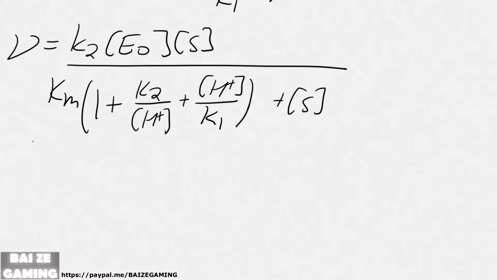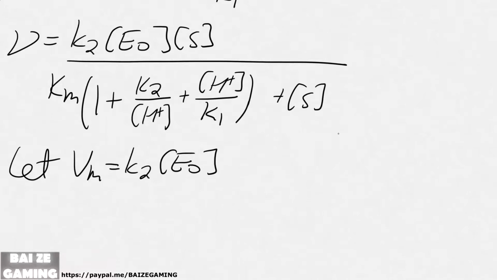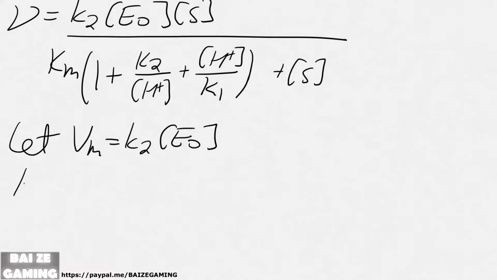And then we can get the Michaelis-Menten formula, Vm equals k2 E naught. That's the same as no inhibition. And then the bottom one is going to be apparent because now we have all this extra stuff.